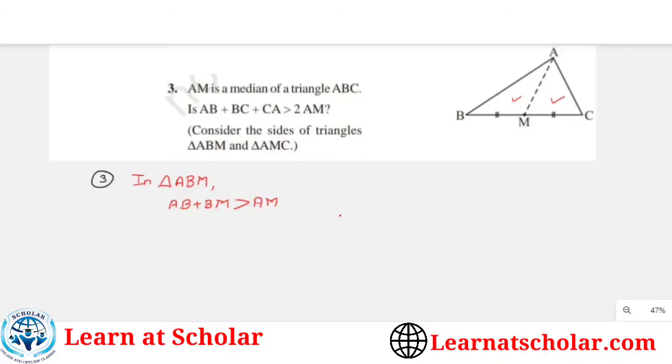Because the triangle is possible, so the sum of the two sides is greater than the third side. In triangle AMC, AC plus MC is greater than AM.